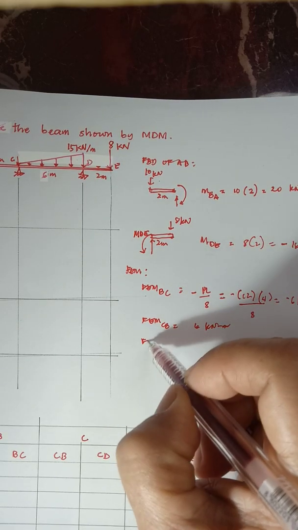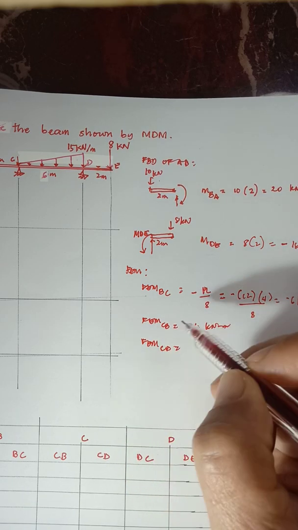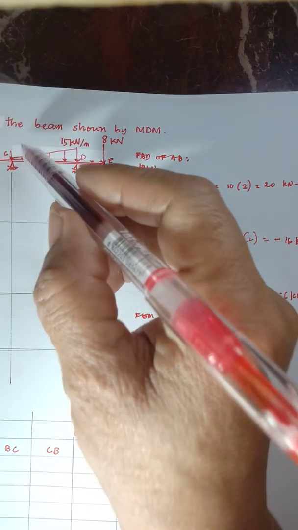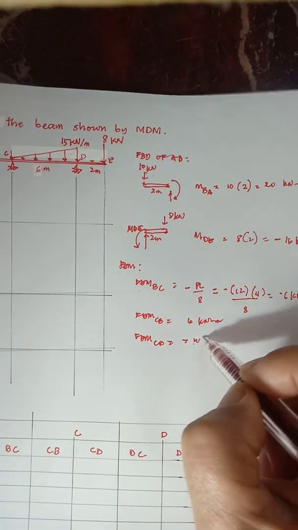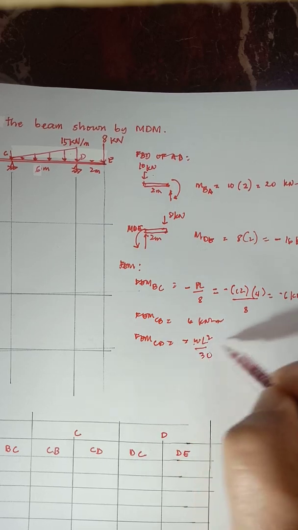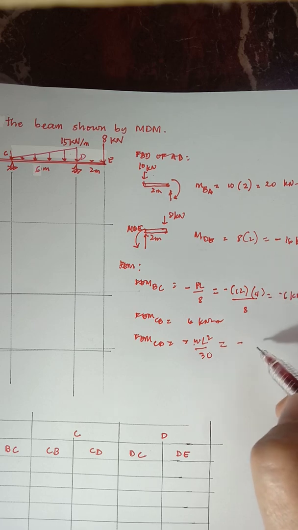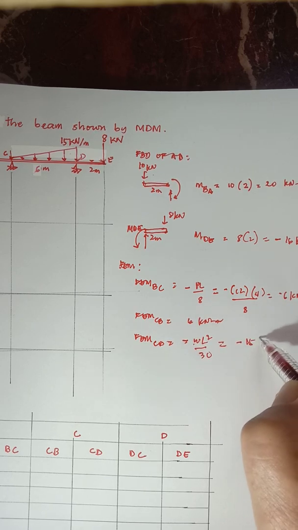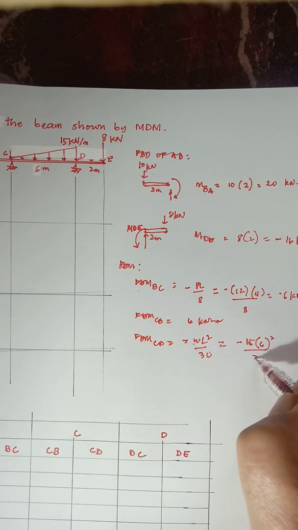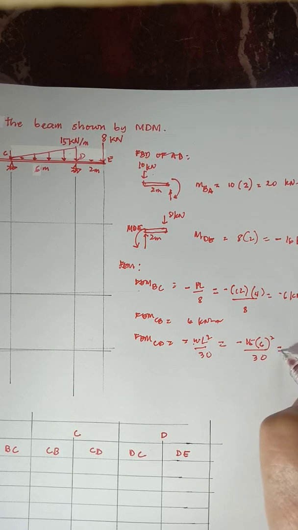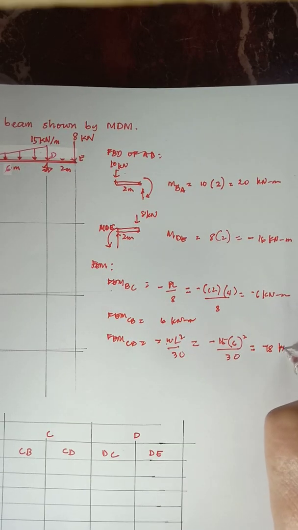And then for CD, that is a uniformly varying load, so on this side it is minus WL squared over 30, equal to minus, W is 15, the span of the member is 6, squared, over 30, so this is equal to negative 18 kilonewton meter.